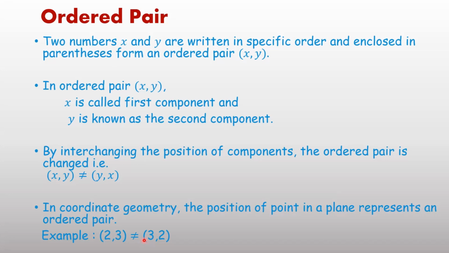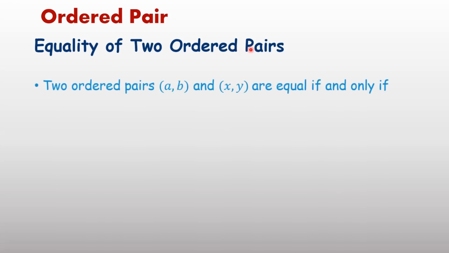Now next, equality of two ordered pairs. We have to discuss the condition when two ordered pairs are equal. Two ordered pairs, if (a, b) and (x, y) we are taking, then they are equal if a equals x and b equals y.